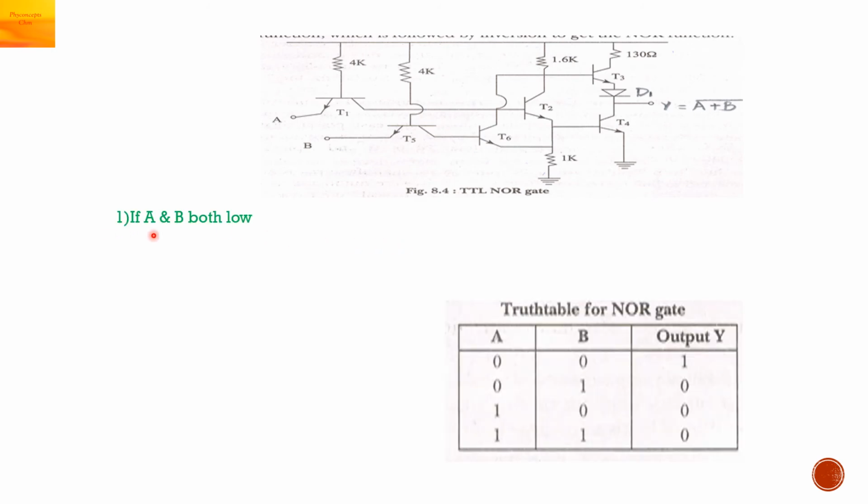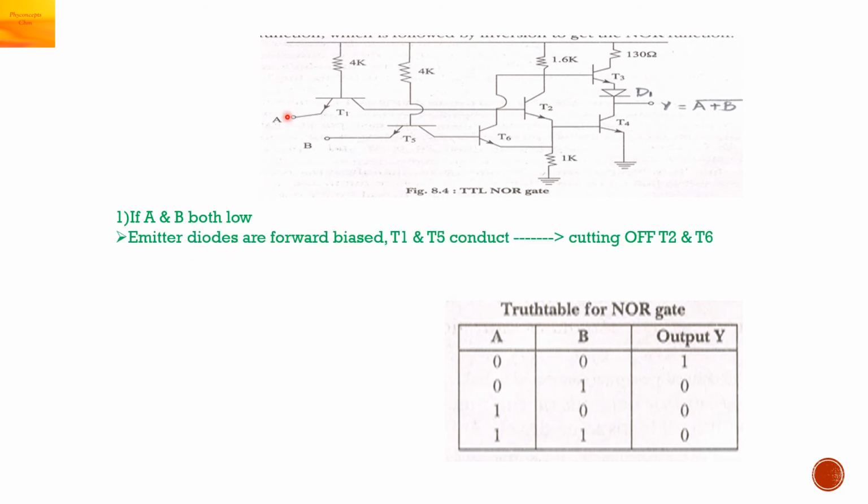We'll see the first case, where A and B are both low. When both are low, the emitter diodes of both T1 and T5 will be forward biased and T1 and T5 will then conduct.